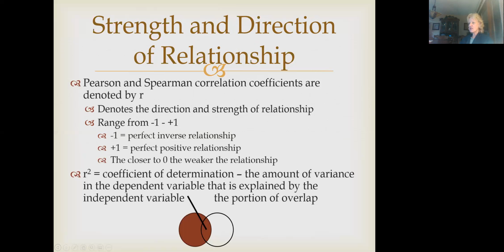And the closer to 0, the weaker the relationship. Your R squared is your coefficient of determination, and that's the amount of variance in the dependent variable that is explained by the independent variable. So it's this little portion of overlap right here where our line points.